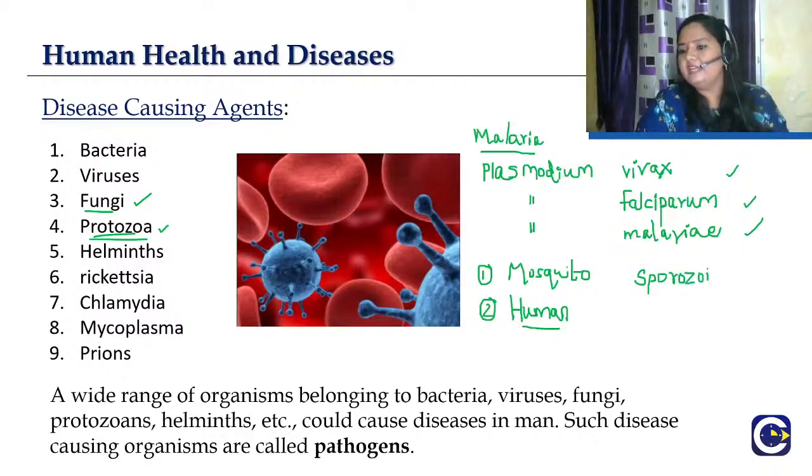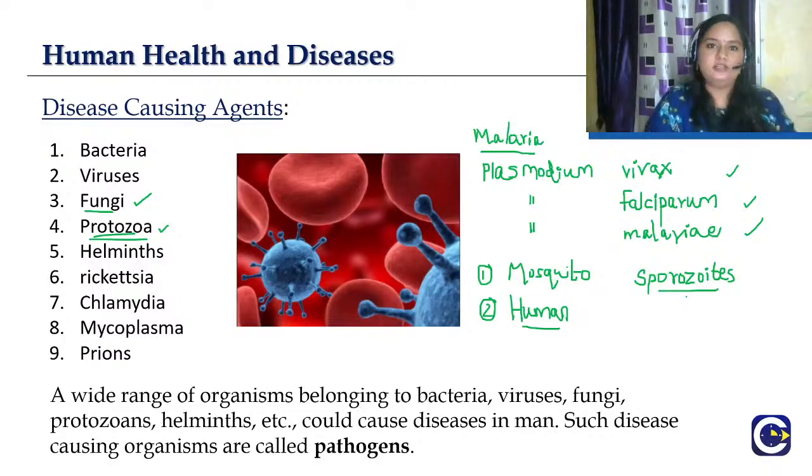Now, if you take human, the sporozoites, or the newborn Plasmodium strain. When sporozoites enter our blood system, they enter into RBC and start multiplying asexually.